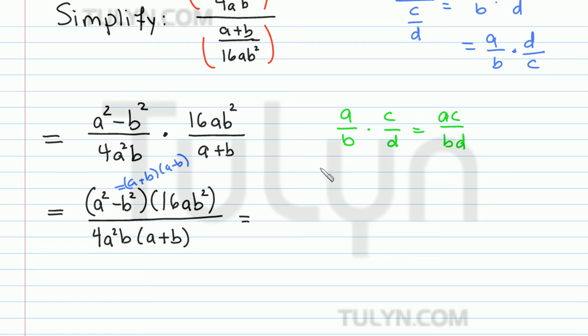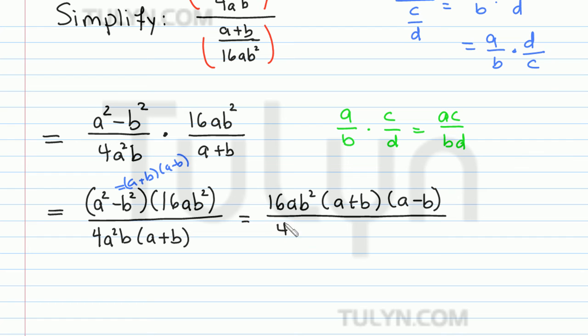Since multiplication is commutative, it's no big deal, right? So 16ab squared times a plus b times a minus b. So that's the numerator, and the denominator we can just leave alone, right? There's no way we can really rearrange it so that it looks nicer.